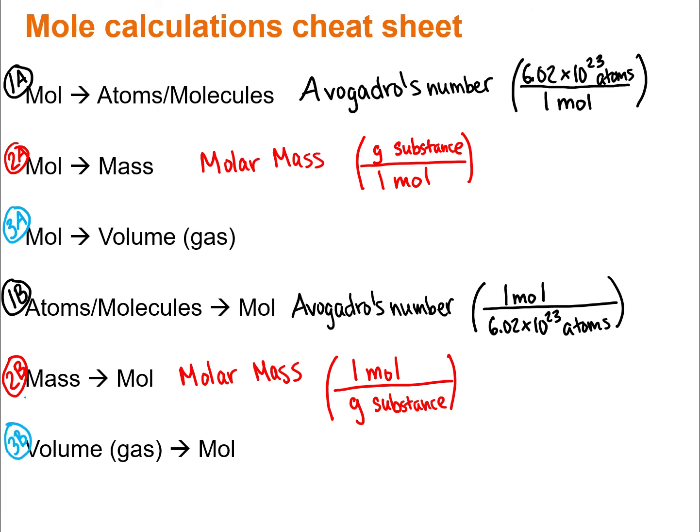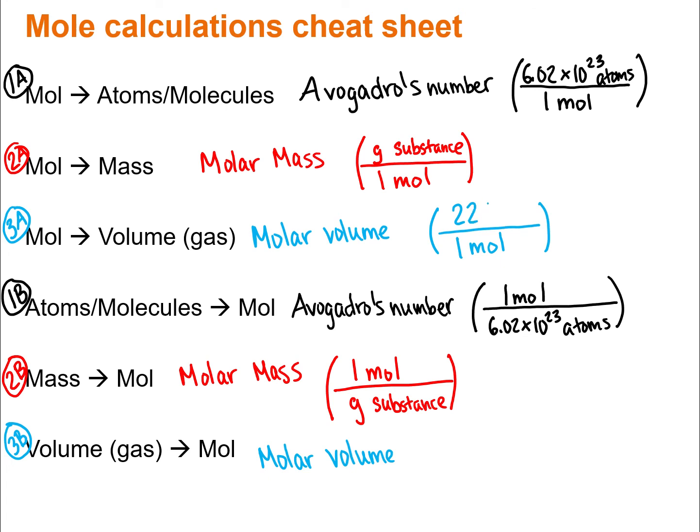The third problem type that we covered that is specific to gases was molar volume. If we need to go from the number of moles to volume of gas, you're going to have moles in the bottom and the molar volume, 22.4 liters, on the top.